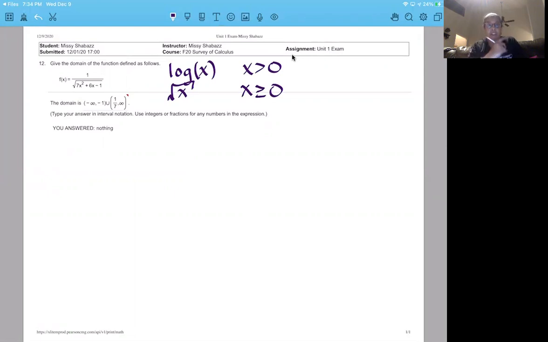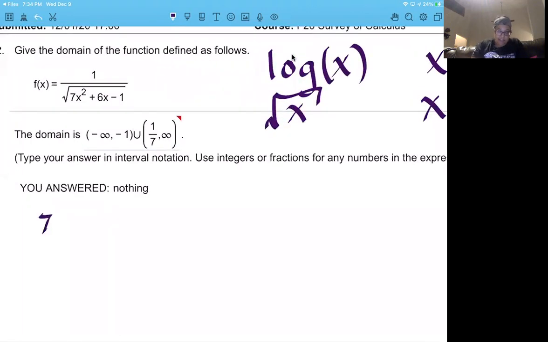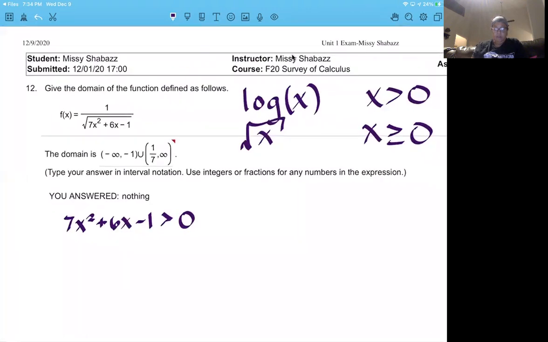So in our case, we would think, okay, well, I need everything underneath that square root to be greater than or equal to 0. Well, not in this case, because that also happens to be in the denominator. So I need to say that 7x squared plus 6x minus 1 needs to be greater than 0.